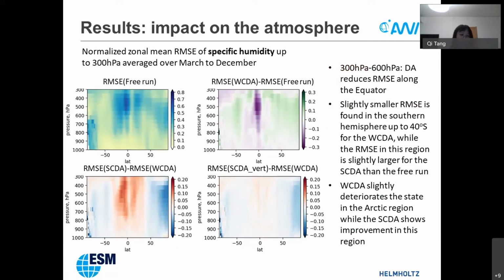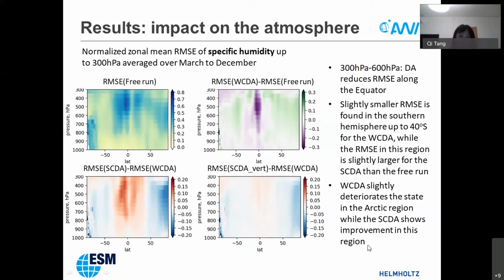So a further effect of the assimilation is visible in the specific humidity. And the RMSE along the equator, especially in the higher atmosphere above 600 hectopascal, is largely reduced by data assimilation.